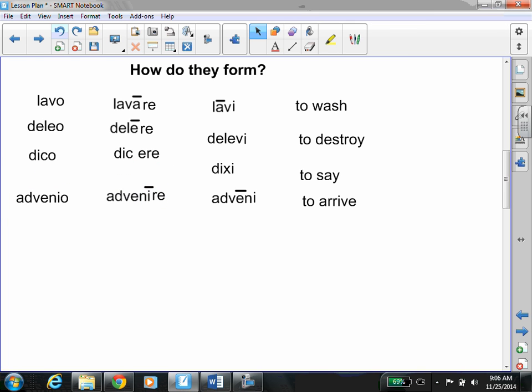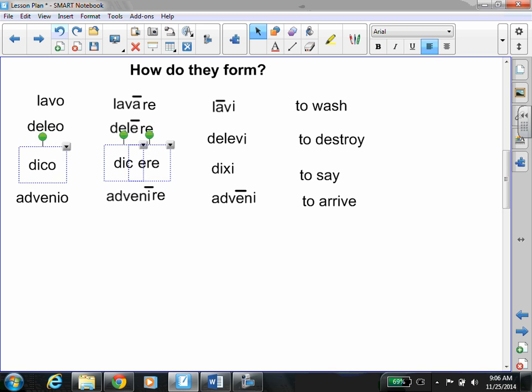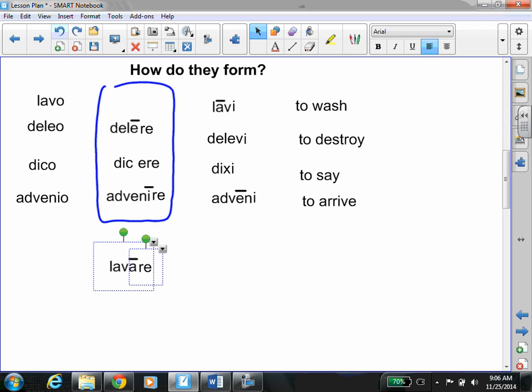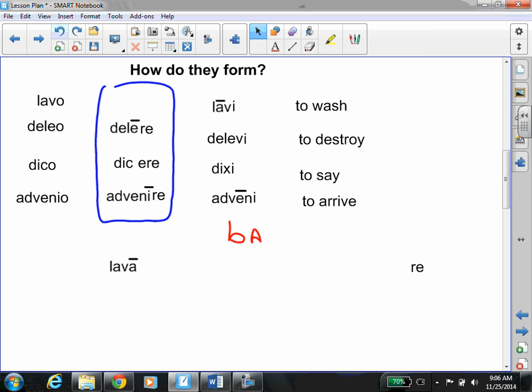So how do I deal with the imperfect tense? Because Coach Stramble, you told me that these guys are used for the imperfect tense as well, and they are. We're going to start off with lavare. We're going to take that RE off once again to get my present stem. The marker for the imperfect tense is BA. So I'm going to put that big old BA on there, okay, because that's imperfect.